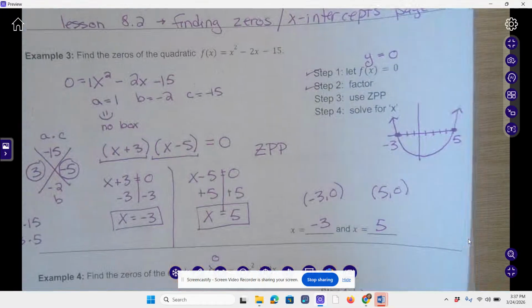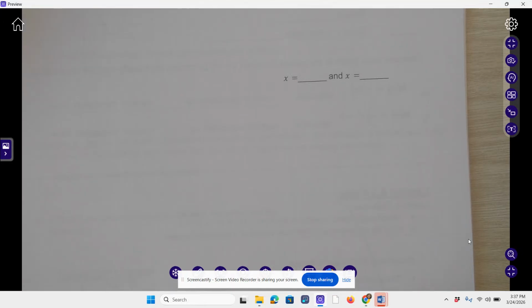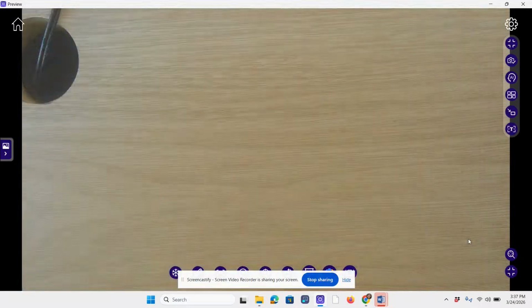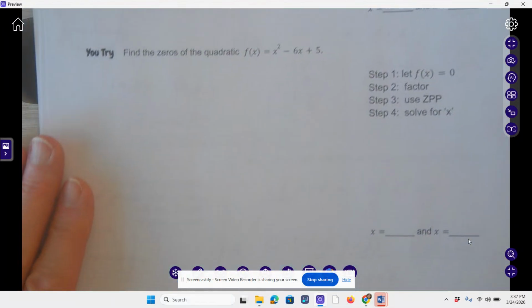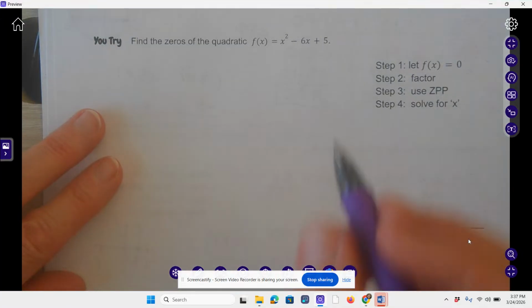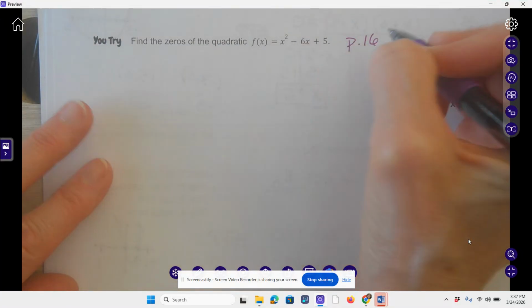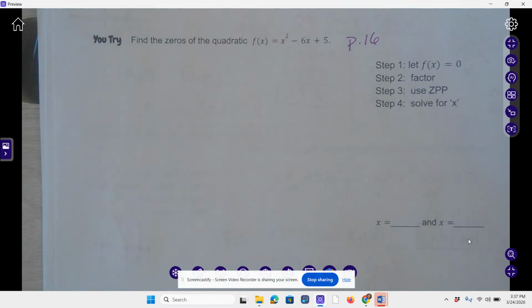Okay, what I would like you to try now is, turn the page. I would like you to try this U-try that is on page 16. And when you finish that, I would like you to find your practice packet. Sorry, I had to walk away from the camera for a moment.